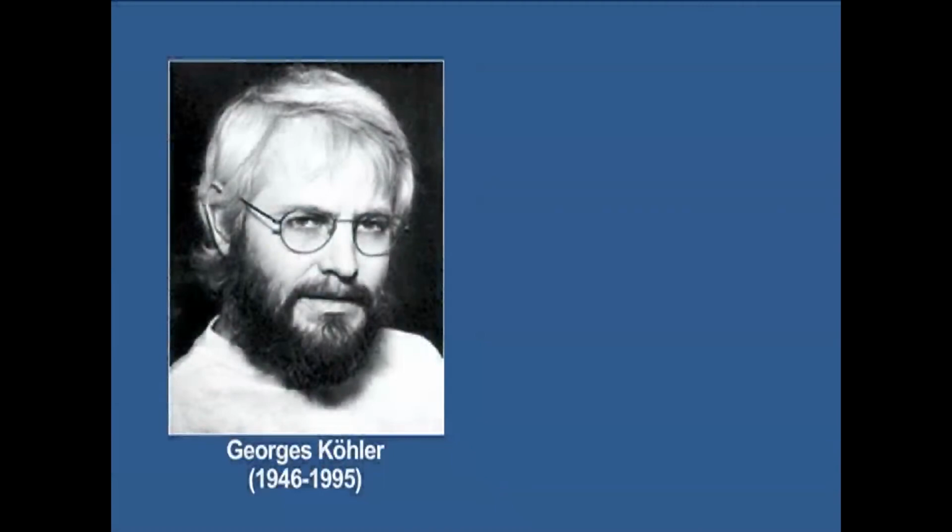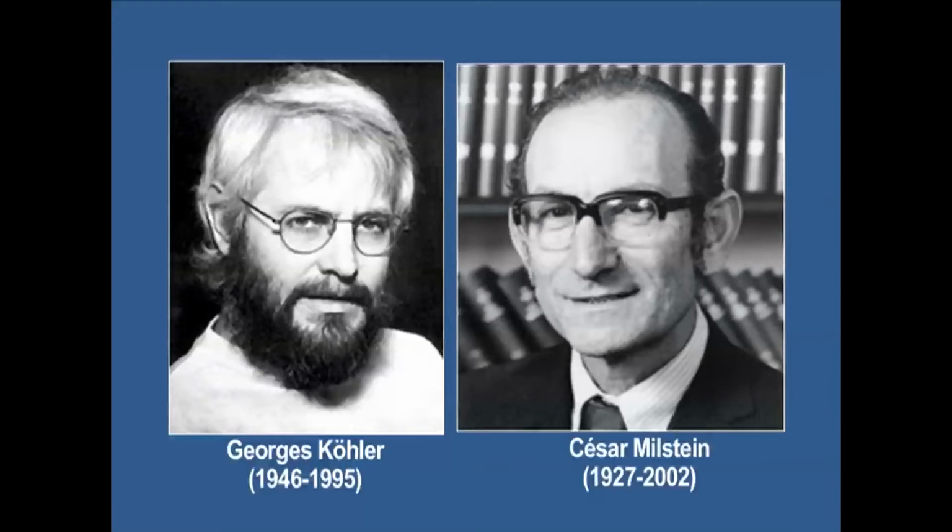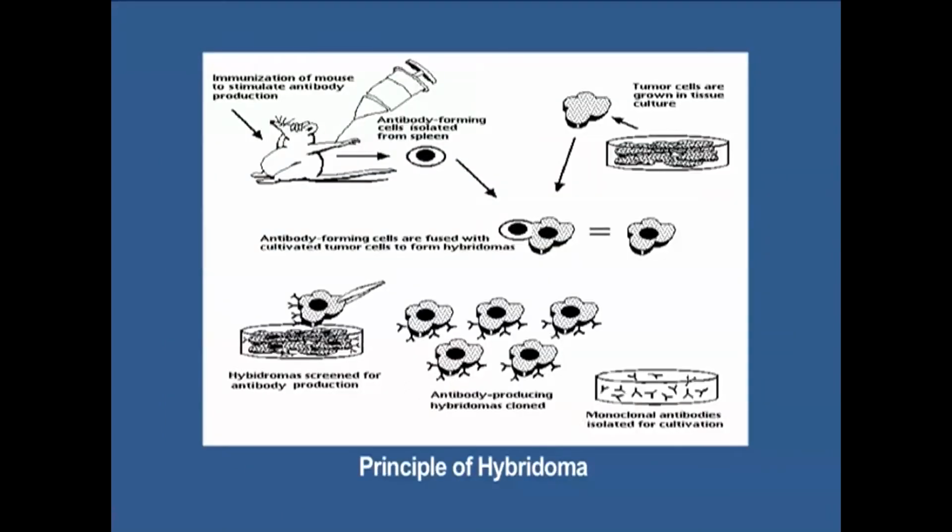In the year 1975, it was Kohler and Milstein. They discovered a unique technique which is called hybridoma. And what was that? The myeloma cells, or the tumorigenic cells, are fused with the antibody forming cells of rat, and they rapidly developed different antibodies which are monoclonal, active against a particular line of cells.